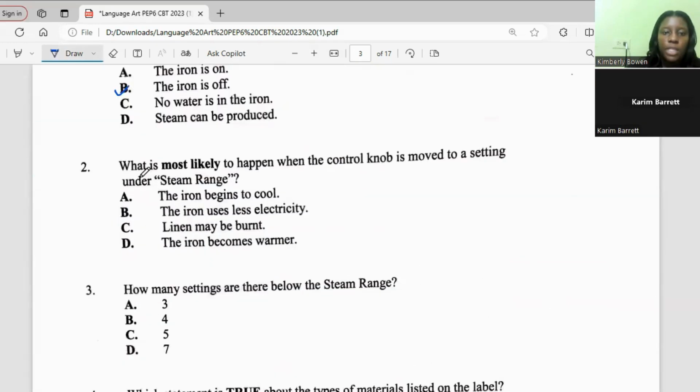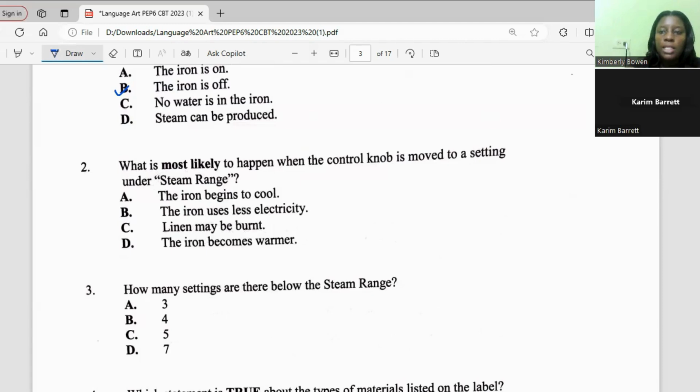Let's move on to the next question. What is most likely to happen when the control knob is moved to a setting under steam range? The iron begins to cool. The iron uses less electricity. Linen might be burnt, or the iron becomes warmer.